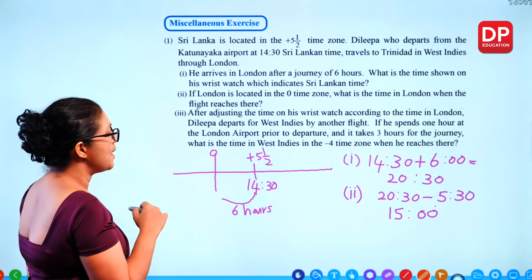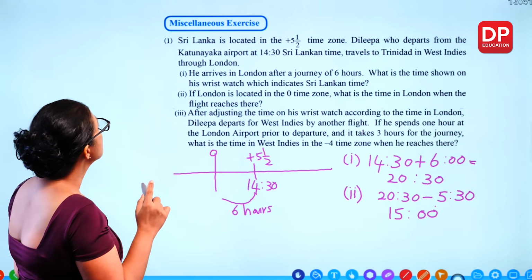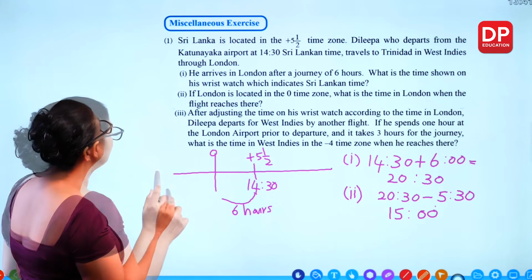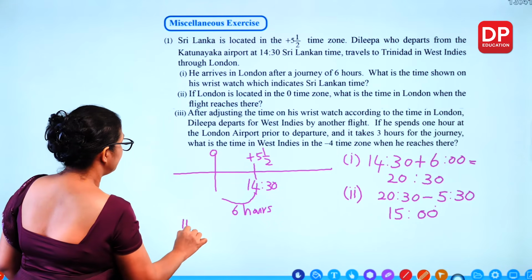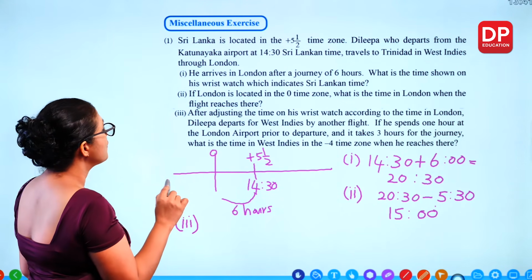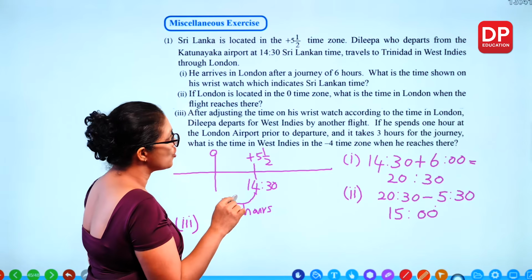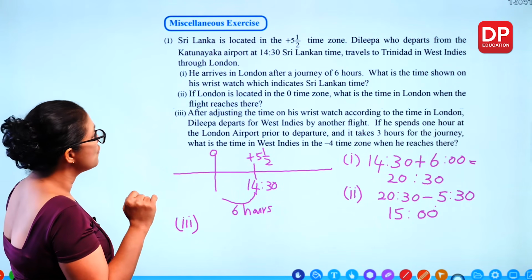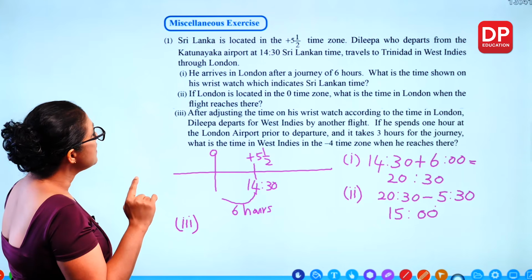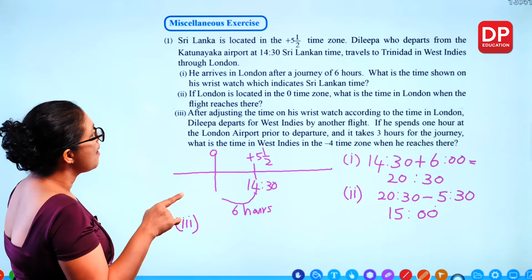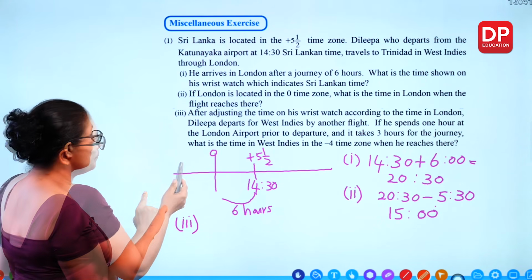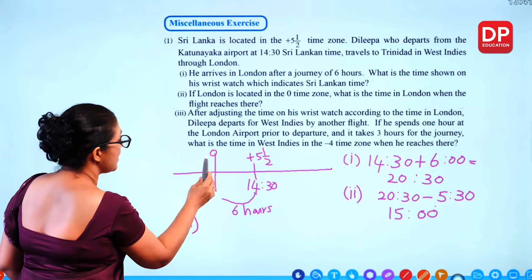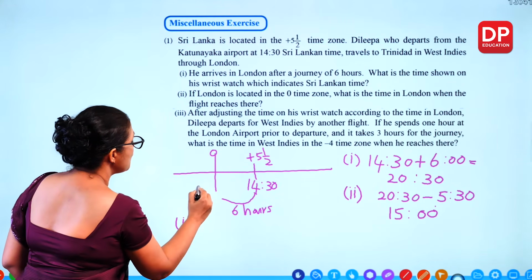That's 3 p.m. That's London time. Third part. After adjusting the time on his wristwatch according to the time in London, that's 15 hours, Dileepa departs for West Indies by another flight. Now, from here, the time now is 15.